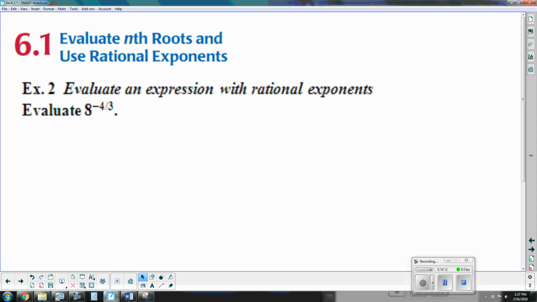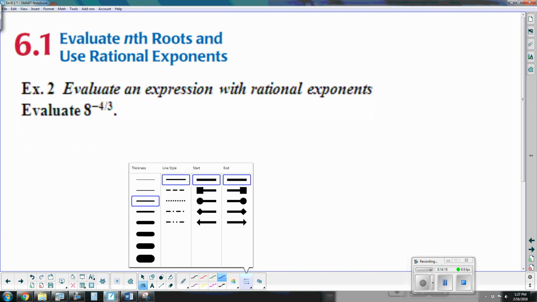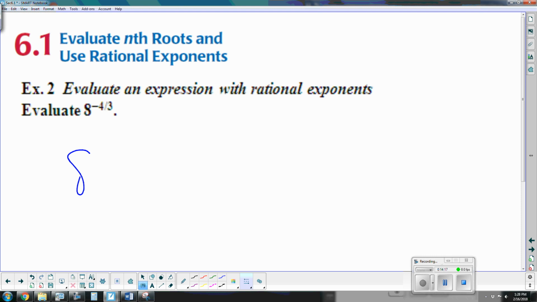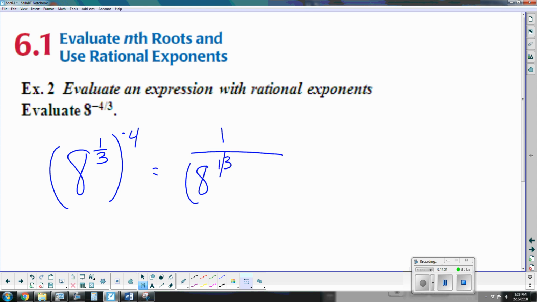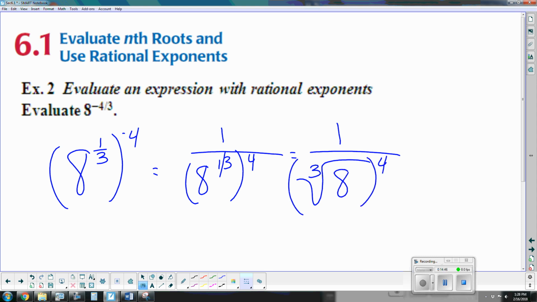So that's the same as saying 8 to the 1/3 power times negative 4, which is the same as saying 1 over 8 to the 1/3 power to the 4th power, which is the same as saying 1 over the cube root of 8 to the 4th power.